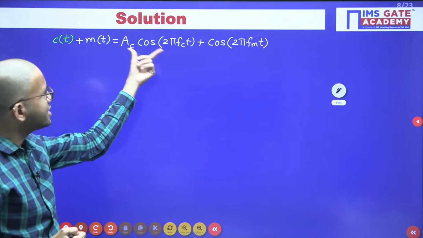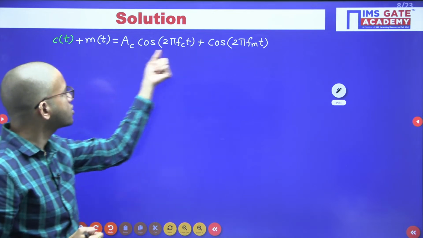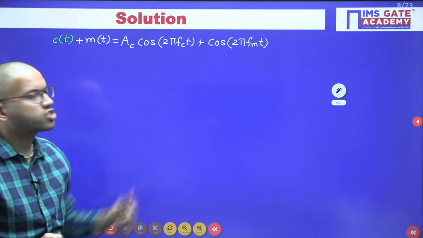They have given the carrier signal like this and the message signal like this, and combined, c(t) + m(t) gives you this expression.